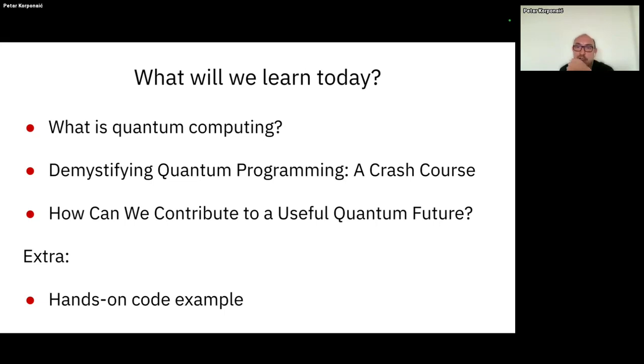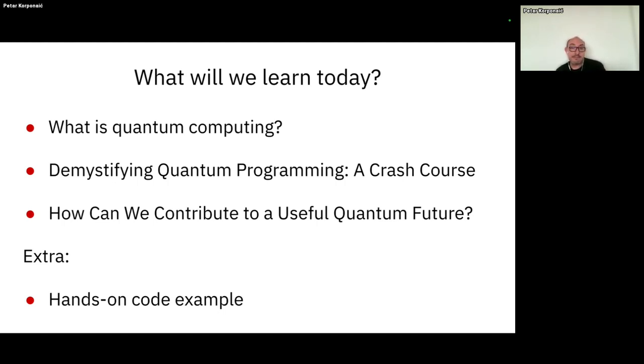We will have a crash course of programming quantum computers. And we will see how all of us can contribute to a useful quantum future. So how we can help quantum computing to move forward and to make a positive impact on society.